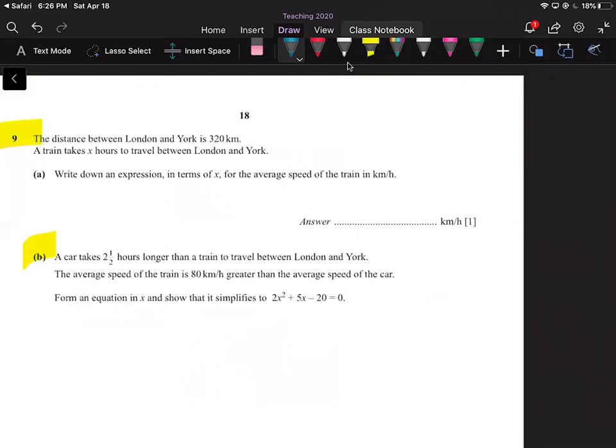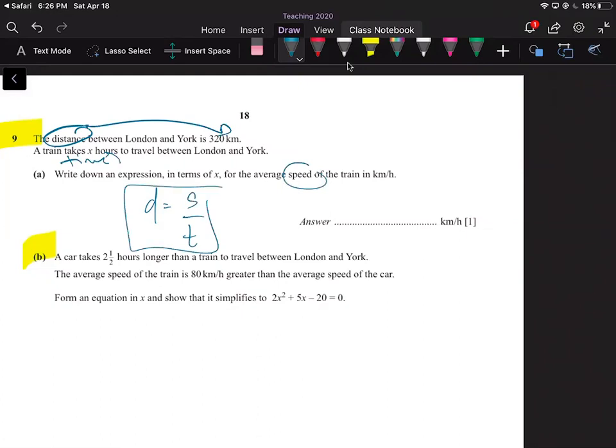If anyone is confused, what we do is we know that distance equals speed over time. Why is that? Because we are given distance. So here we are given hours, which is time, okay, which is x. Then we are asked to find speed. So if we want to find speed, that means distance over time.